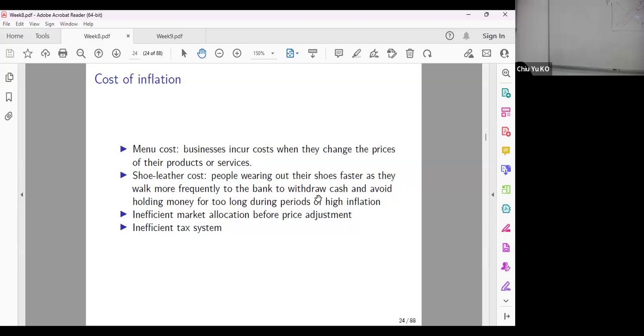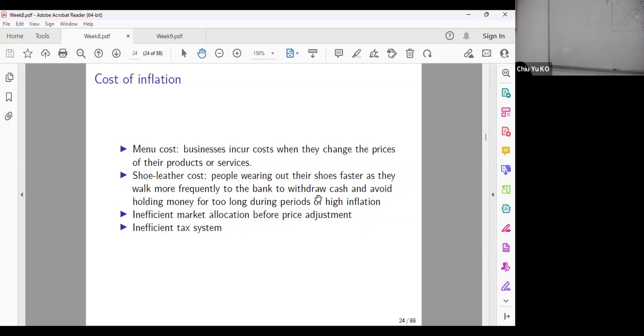If you say the government prints 10 times more money, that means everything just adds a zero at the end, so nothing changes. And the question would be, what would be the cost of printing money, okay? And it took a lot of time for economists to come up with several costs. The first one is menu cost, because people have to change the menu, right? Because you add a zero at the end.